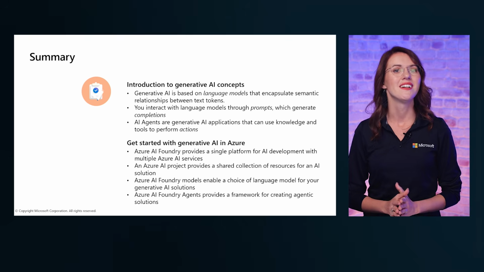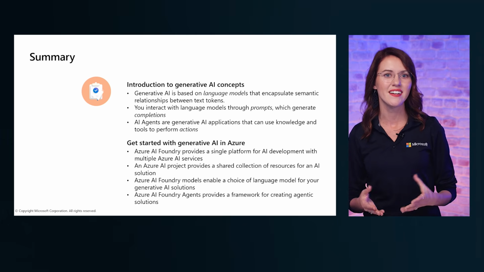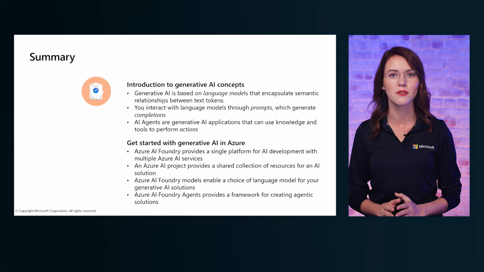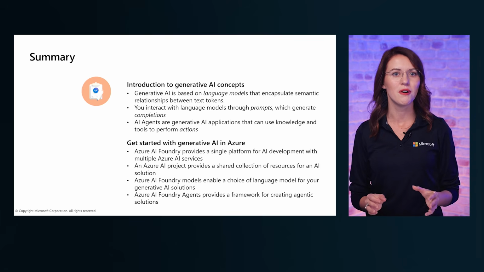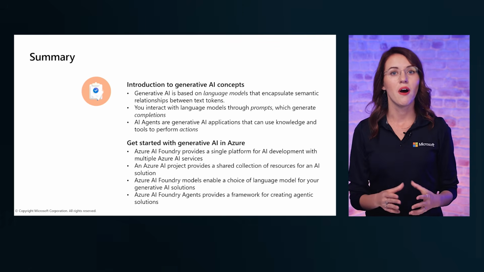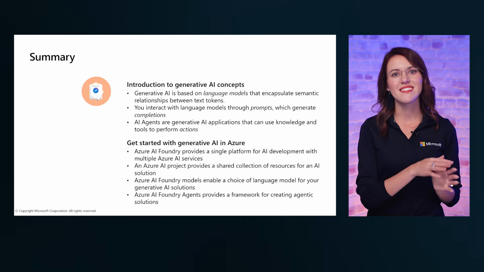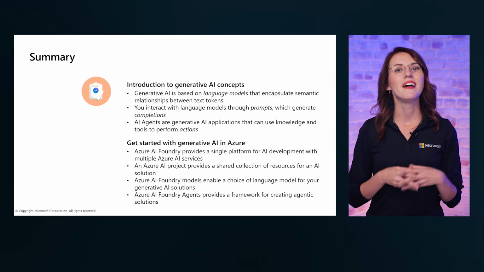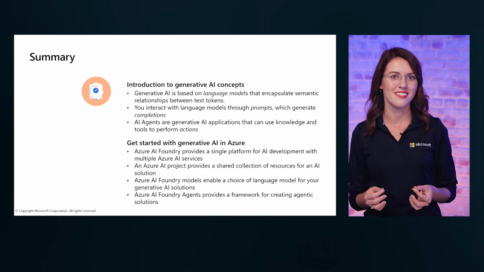To recap, generative AI is based on language models that understand semantic relationships between tokens. You interact with these models through prompts, which generate responses in text, images, or even code. AI agents take this step further by using knowledge and tools to execute tasks autonomously.